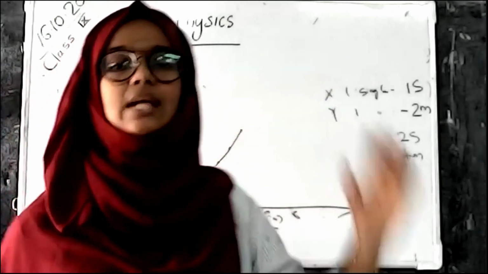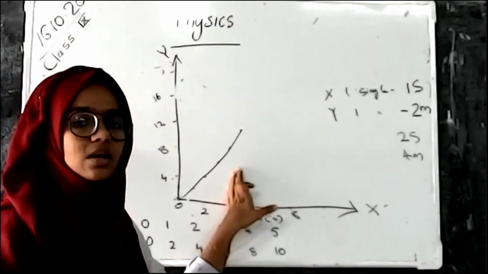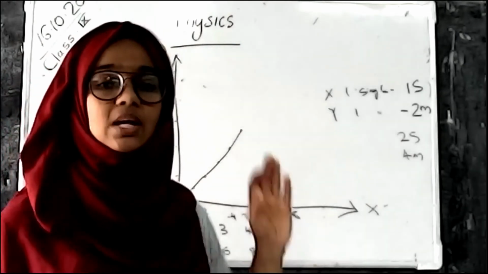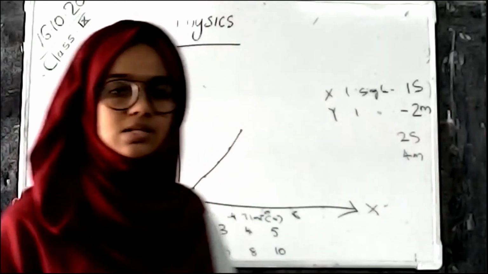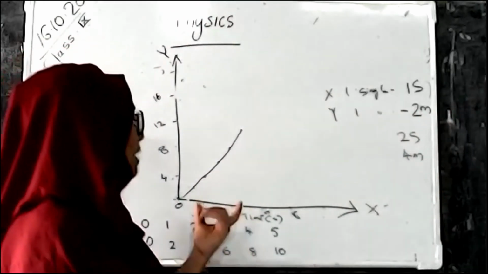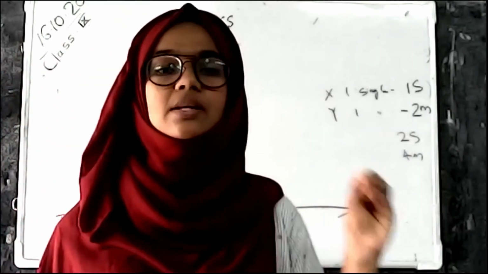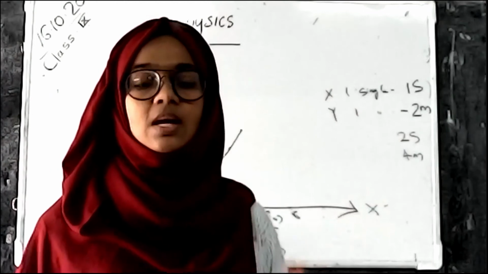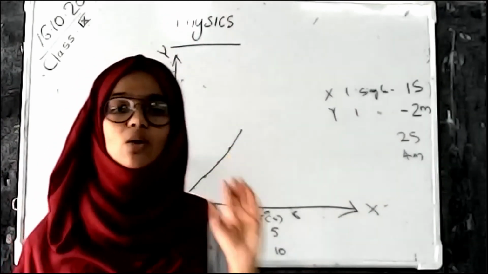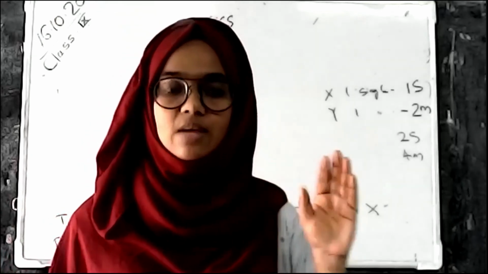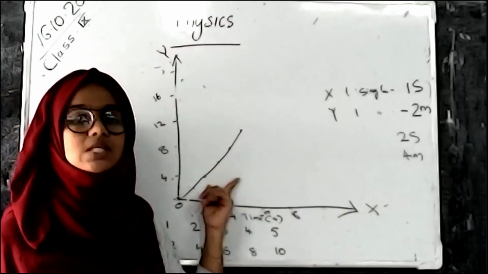When we get this straight line motion, the body is moving in equal intervals of time, covering equal distance. Only in that case, a body is moving equal distance in equal intervals of time, and that graph comes to a straight line.